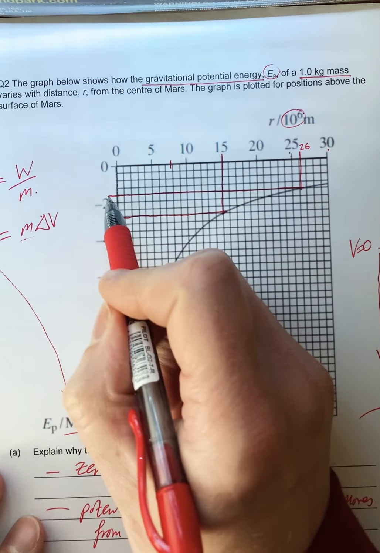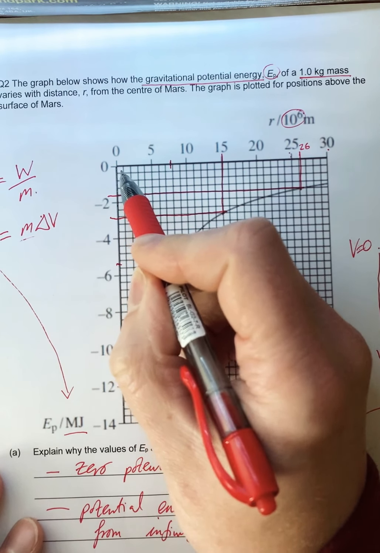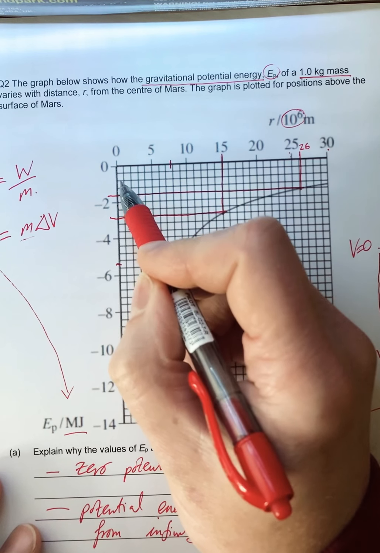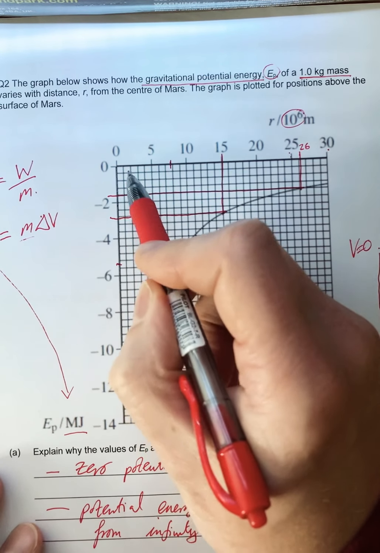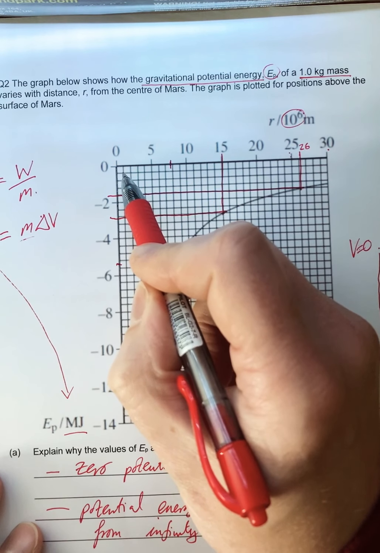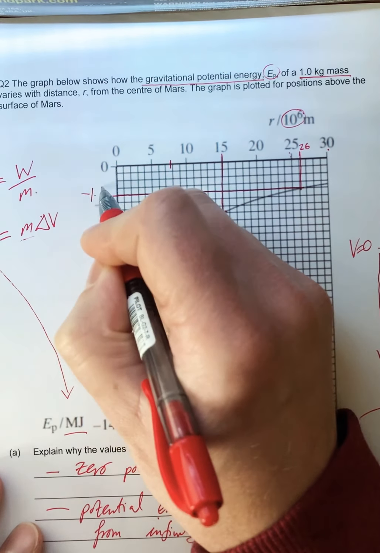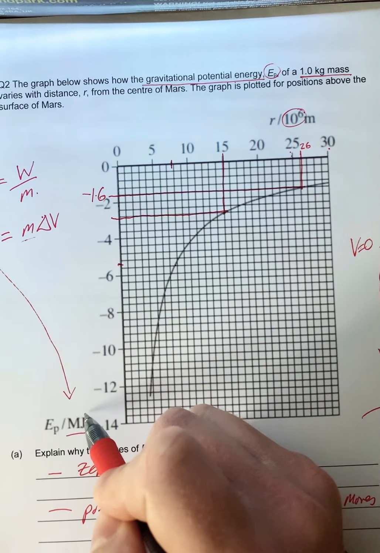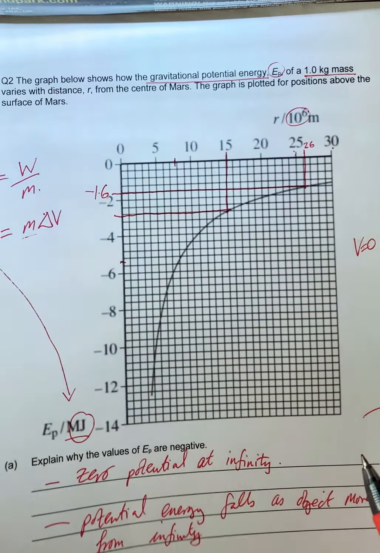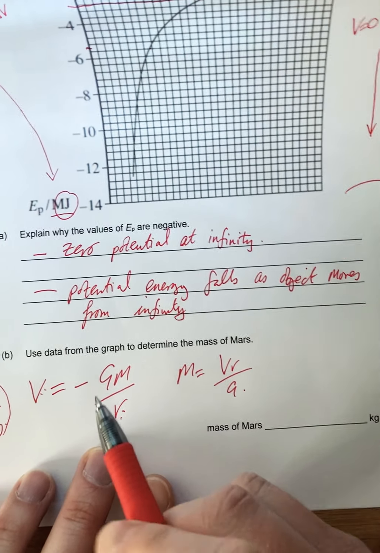And then here, this is going from 0 to 2 in 5, so it's going up in 0.2, no it's not, it's going up in 4s, so that would be 4, 8, 12, 16, 1.6. So that's 1.6 megajoules, or we can take that to be the potential as megajoules per kilogram.